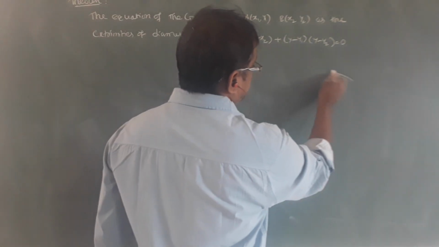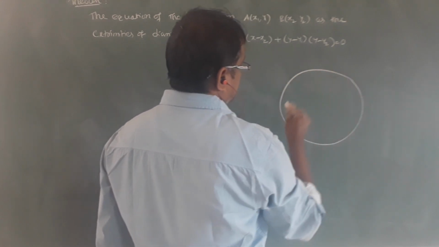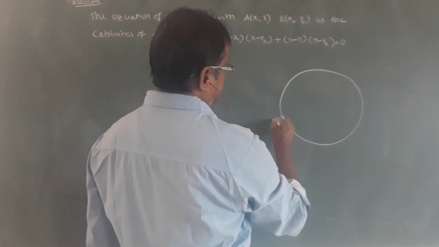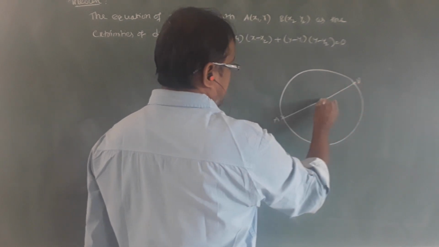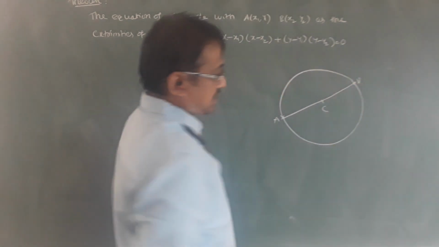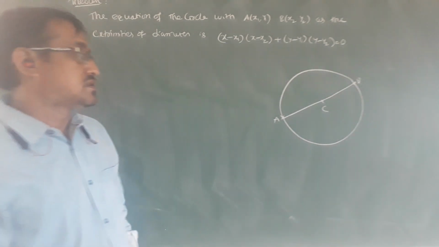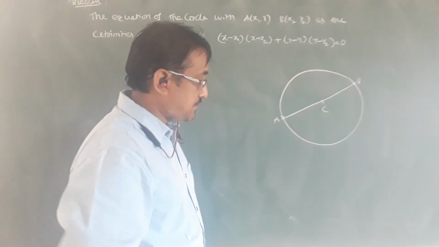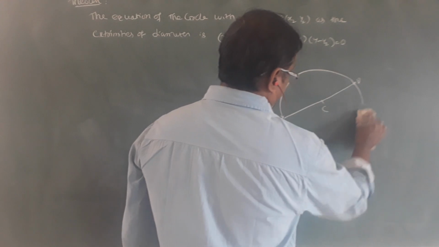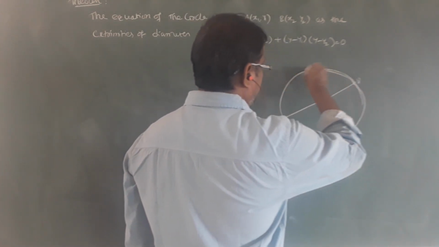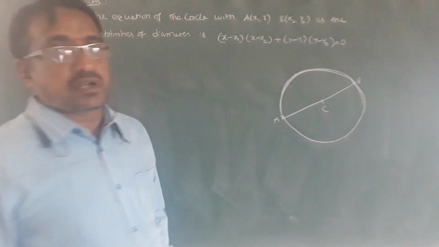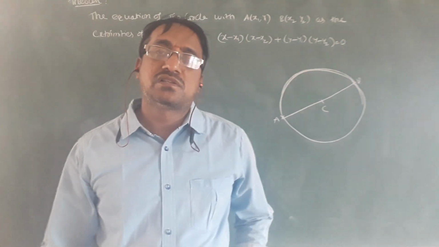Now let us see. You know the definition of a diameter. The diameter is the line segment passing through the center of the circle, the largest chord. So the diameter bisects the circumference of the circle.